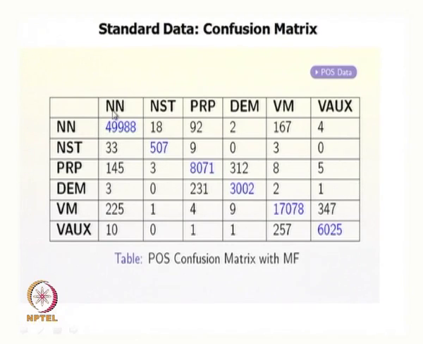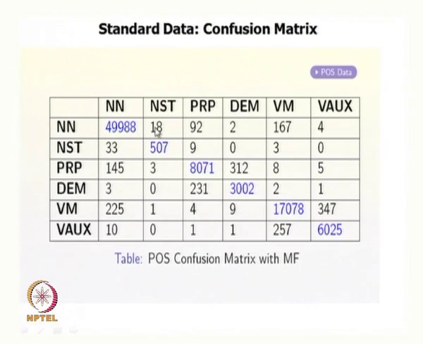Look at the cell under NN and NN. NN means noun. So, it says that an actual noun was tagged as noun 49,988 times.